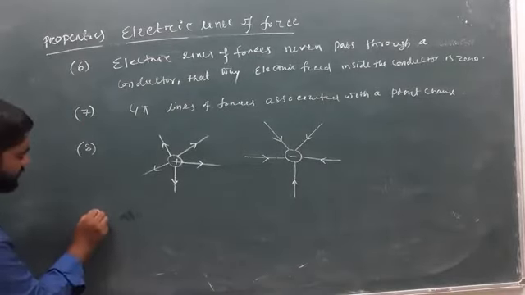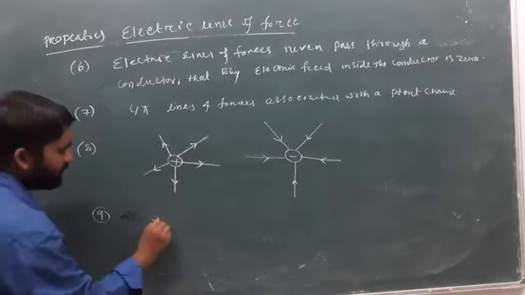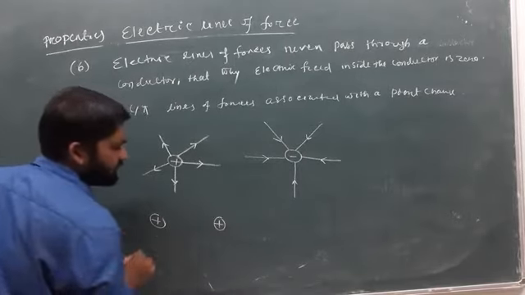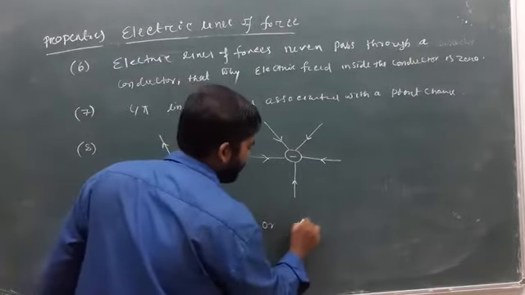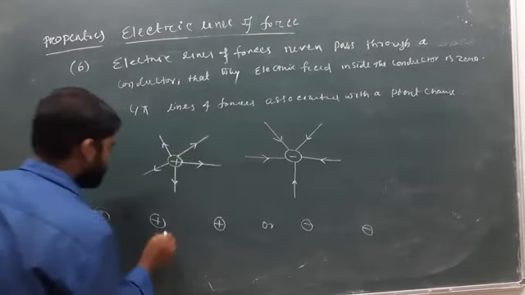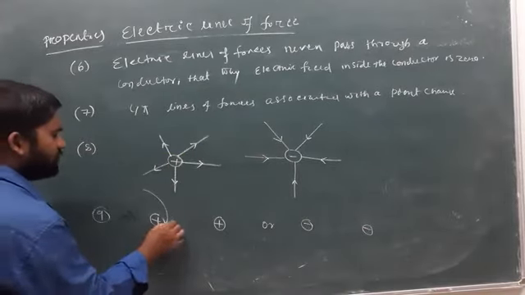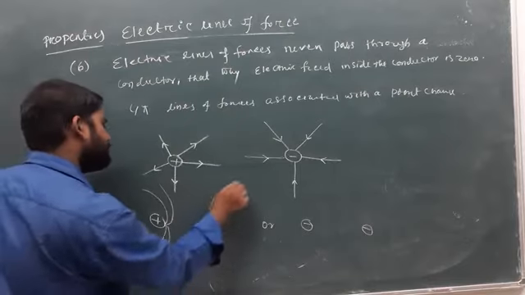If I consider two similar types of charges close to each other, either plus plus or minus minus, in such a case the electric lines of force repel each other.